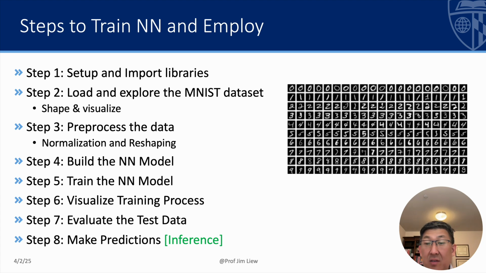Then we pre-process the data, basically normalize it, make it closer to 0. We will lay out the architectural structure of the neural network model. You'll see a little bit later, it's very easy to change that. Then we will train the neural network model and look at the loss. Hopefully the loss will go down and the accuracy will go up. We'll also visualize some of the training process, so we're basically going to watch the loss numbers go down.